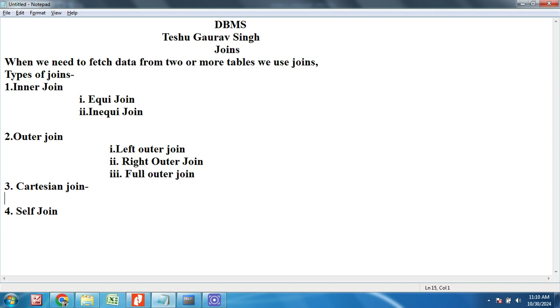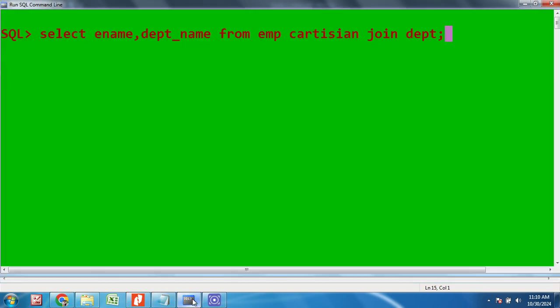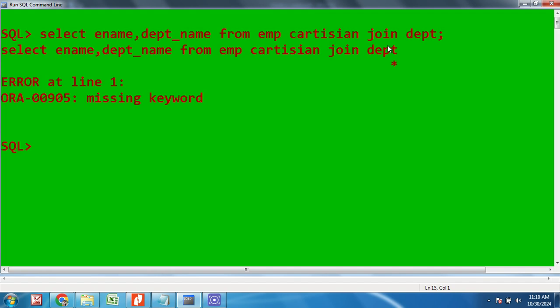It will match all the values from the left table and right table. So this is an example of Cartesian join. Just see the example. Select ename, dept name from emp Cartesian join dept. Can we write like that? It is giving me an error.